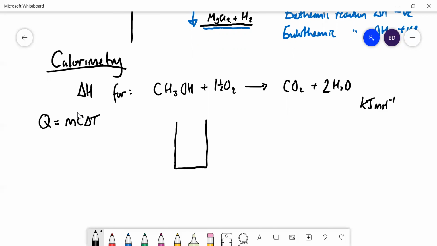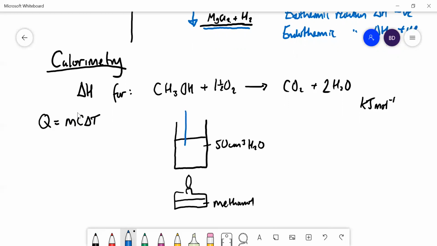We're going to put a spirit burner underneath that, with methanol in there. And I'm going to put in 50 centimeters cubed of water and a thermometer. We're going to measure the temperature at the start and the temperature at the end of the reaction.